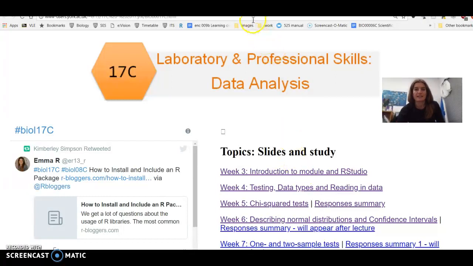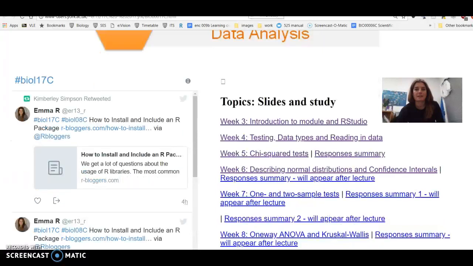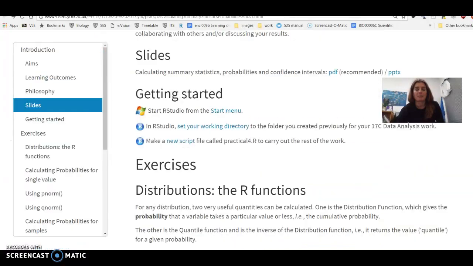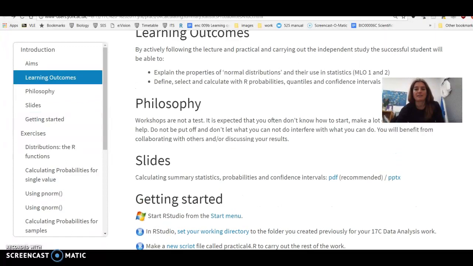And if you follow the link to that practical, you'll see the lectures and slides for this week, the lecture notes and slides. So the PDF format is ideal for referencing in the practicals or for looking at online. If you're somebody that wants to download the PowerPoint so you can make notes on them in the actual lecture itself, then that's also available here.